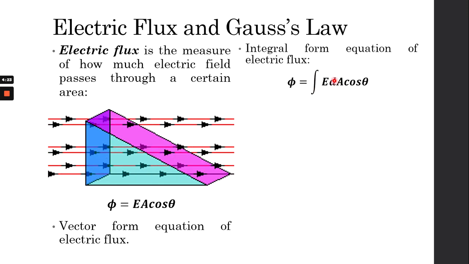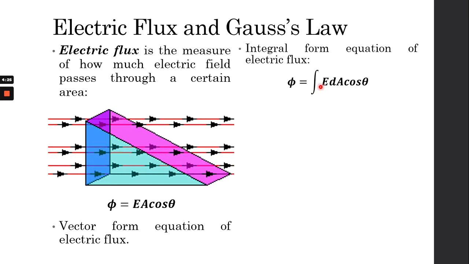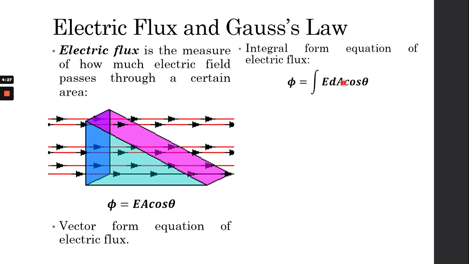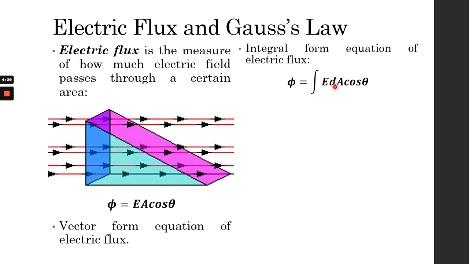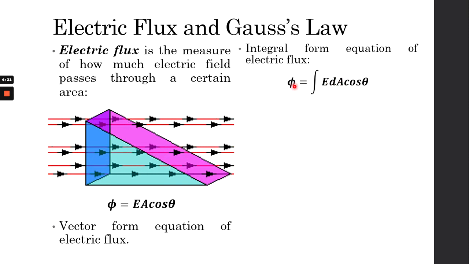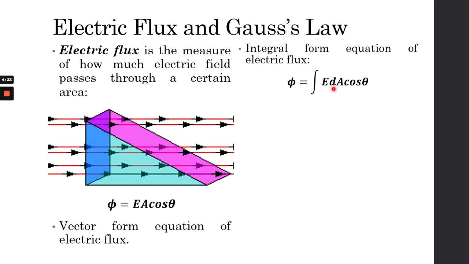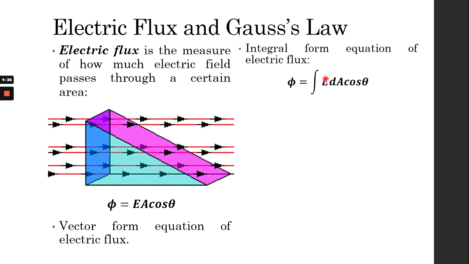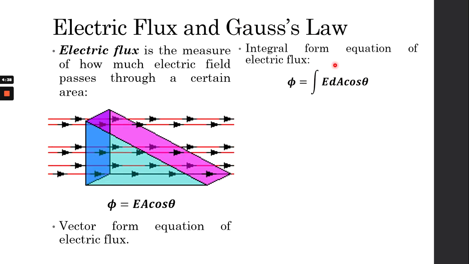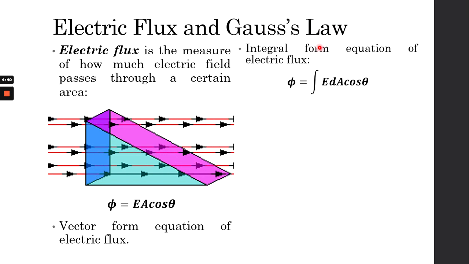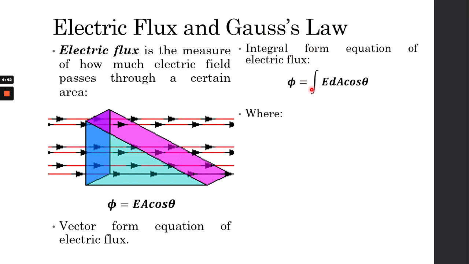So this integral form of the equation is actually just the sum of the magnitude of the electric field multiplied by dA, the differential of the area, times cosine theta. We'll expound on this later on, and on how this is useful in solving for Gauss's law.